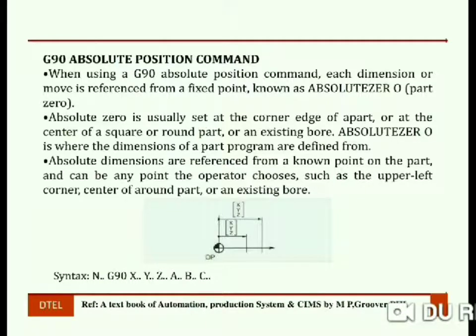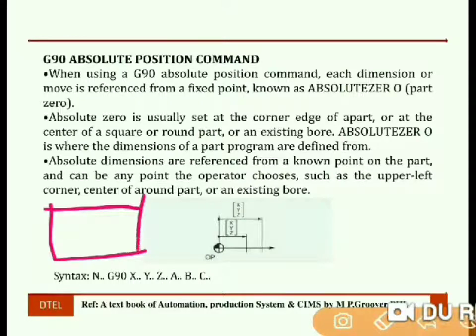G90 means all dimensions are measured with respect to the origin, that is work part zero. Graphically we can say if it is a work part, then we have to choose any corner as a reference, that is work part zero.